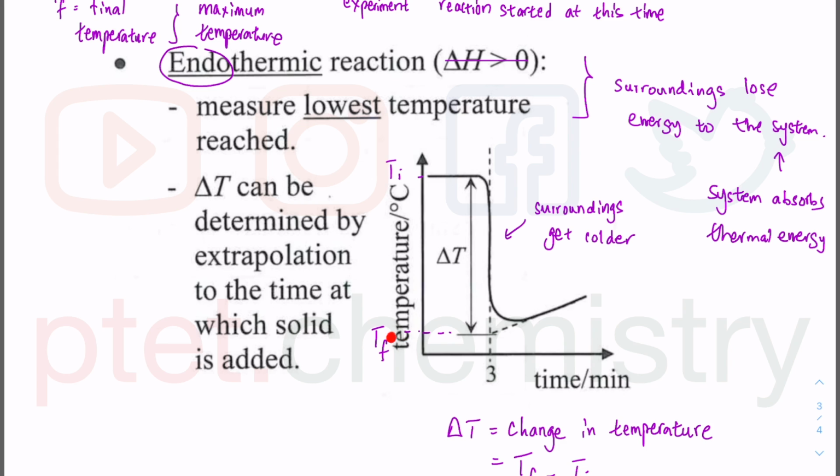As you can see, the final is lower than initial, therefore you get a delta T, your change in temperature, that is going to be negative. That's because temperature drops. Temperature drops because your surroundings get colder. Your surroundings get colder because your surrounding loses energy to the system. So what we can say is the system absorbs thermal energy or heat energy from the surrounding. That is because this is the characteristic of an endothermic reaction. It takes in the heat energy from the surrounding. Okay?